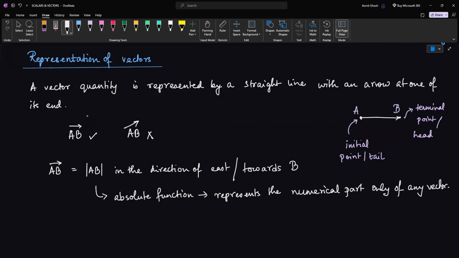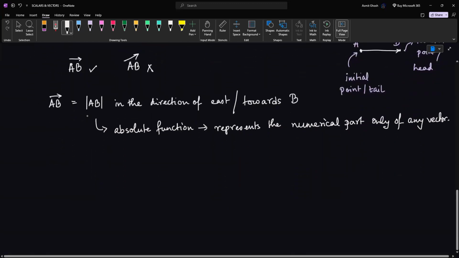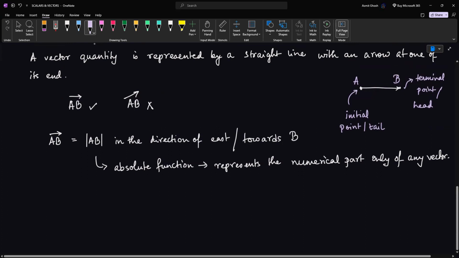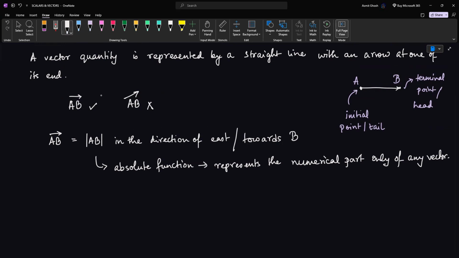So if I consider velocity, velocity is basically the speed in a particular direction. It can be referred to as the displacement covered in a certain time. So if I'm considering this same example, that a body is moving from A to B, what we can do here is, let's say, if we want to represent its velocity, let us say we represent it as V. It is just a variable.